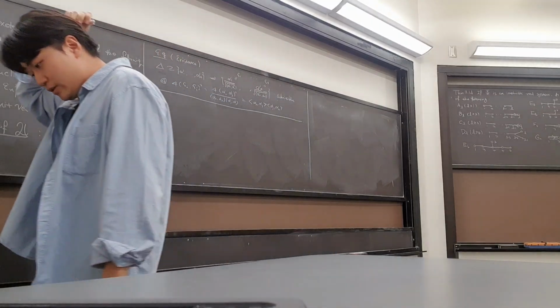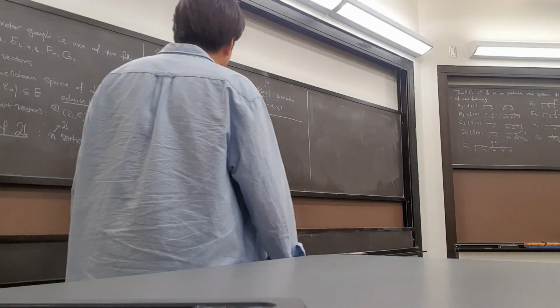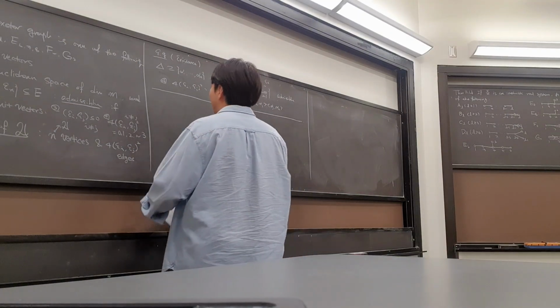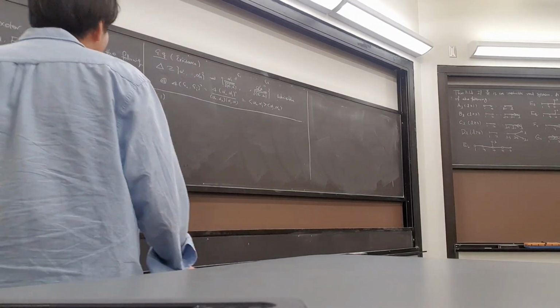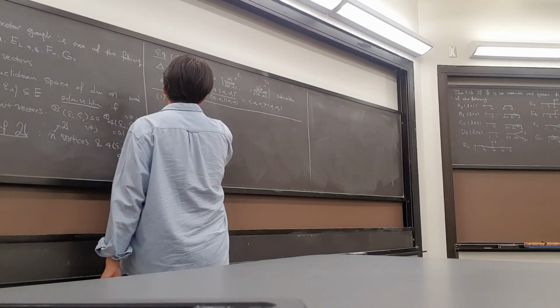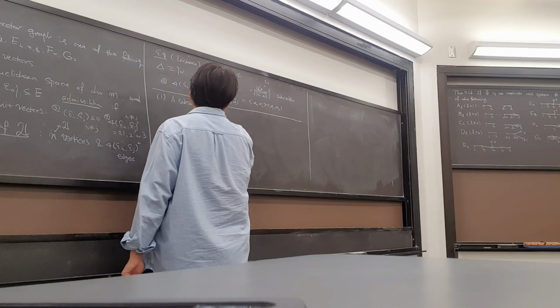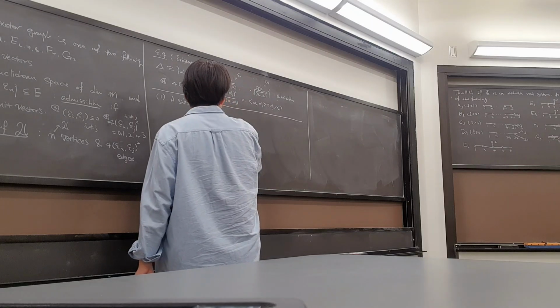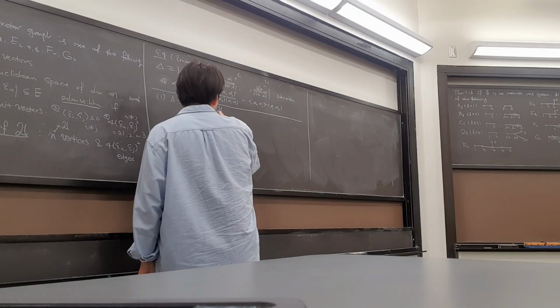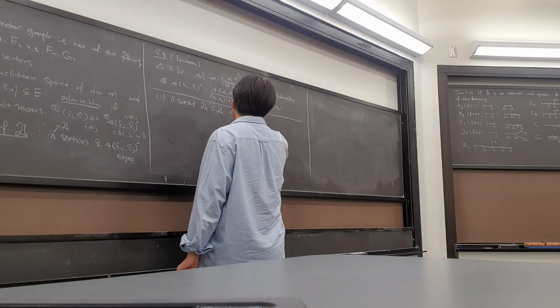Okay, so we start the proof, but it's divided into 10 steps, so it may take a lot of time. The first claim is that a subset of an admissible set is still admissible.